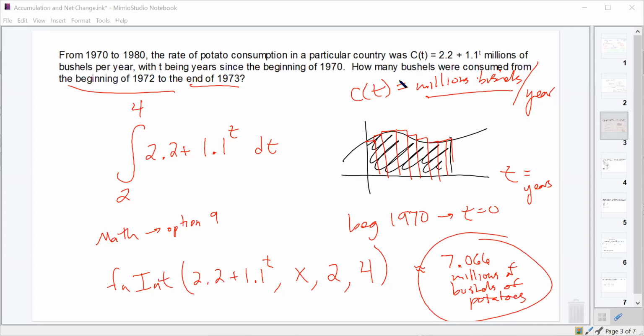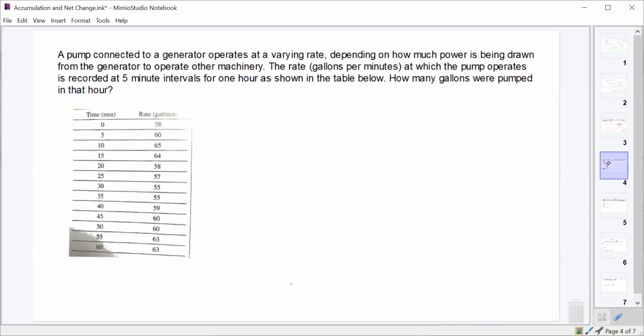All right, let's do another one. This one we got a chart of values. Fun. So I'll give you a second to read through the problem, and then we'll start talking about it.